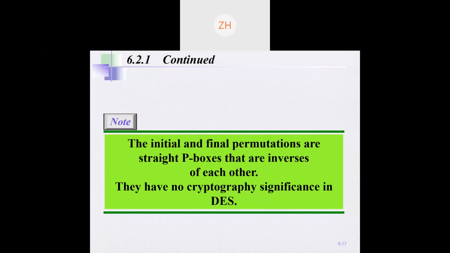Almost correct. Why does it have no cryptography significance? It seems we have permutation, but it does not contribute to complex security. Why?